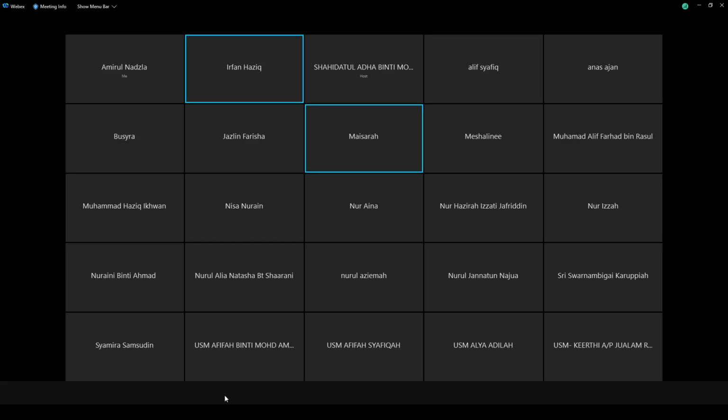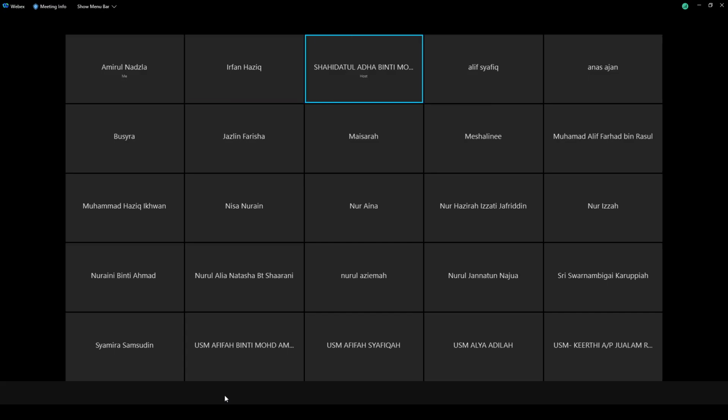Assalamualaikum Doktor. Waalaikumsalam. Can I ask, we always use the Snellen chart, but why don't we use the LogMAR chart? Because the LogMAR chart uses a projector.